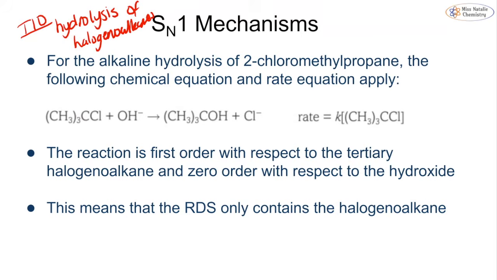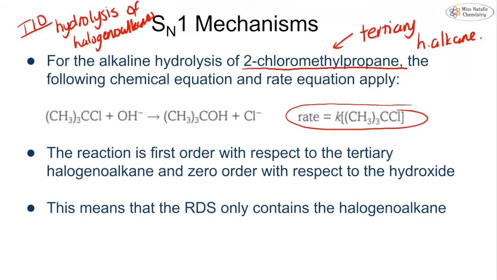So if we have the alkaline hydrolysis of 2-chloro-2-methylpropane, this being a tertiary halogenoalkane, we can use this equation and we have this rate equation happening here.